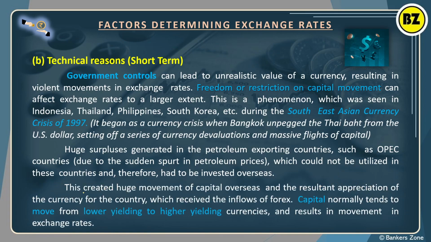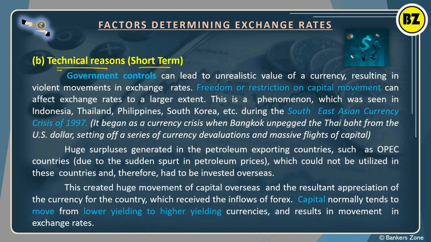Now this created a huge movement of capital overseas and the resultant appreciation of the currency for the country. Whatever currency they have, suppose dirham, and they are receiving a lot of dollars due to the export of oil. So obviously they are receiving a lot of foreign currency, so the price of the dirham will go up. Okay, so this can happen for a short time.